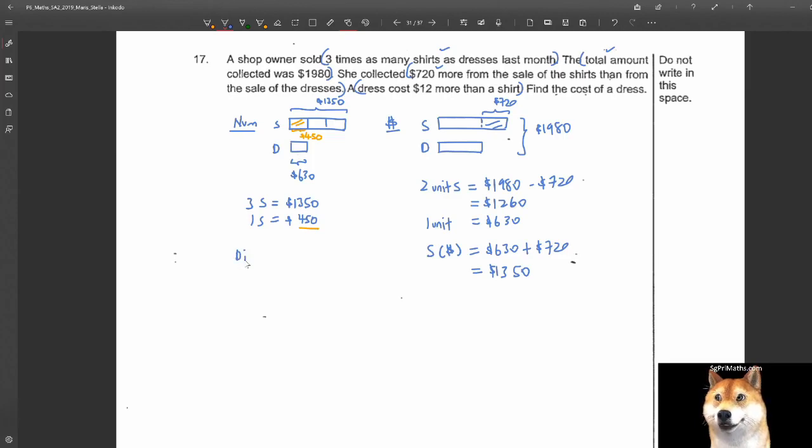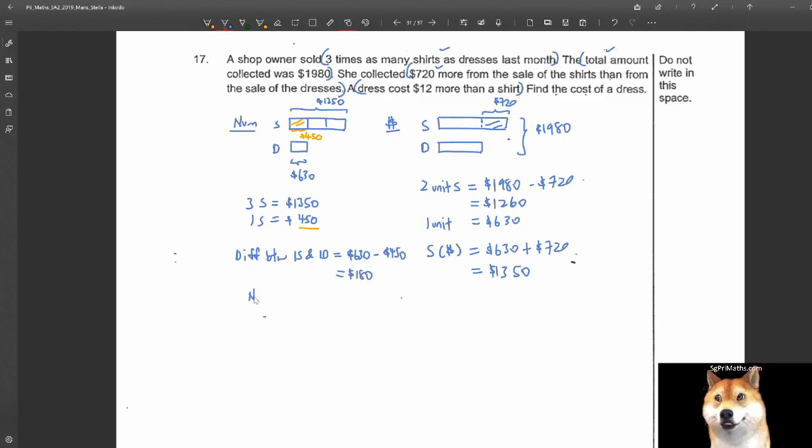So the difference between one unit of shirt and one unit of dress would be 630 minus 450. This will be equal to $180. So the difference between one dress and one shirt is $12.